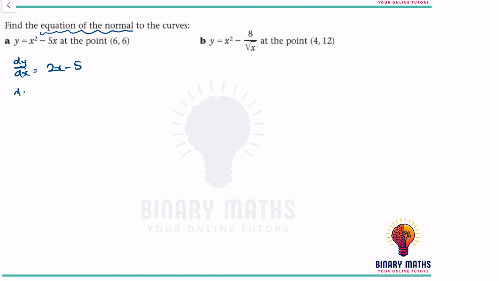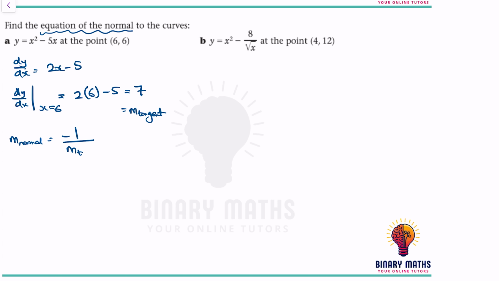I need to find the gradient of the tangent at the point x equals 6. So I substitute 6 into the expression for dy dx. So I get 2 times 6 take away 5, which is 12 take away 5, which is 7. This is the gradient of the tangent. So remember, the gradient of the normal is equal to negative 1 over the gradient of the tangent, which is minus 1 over 7.